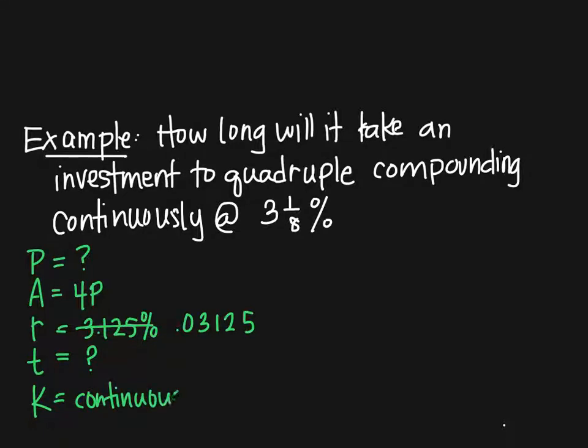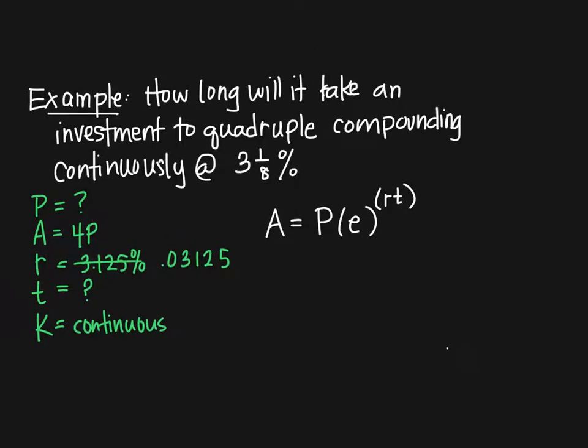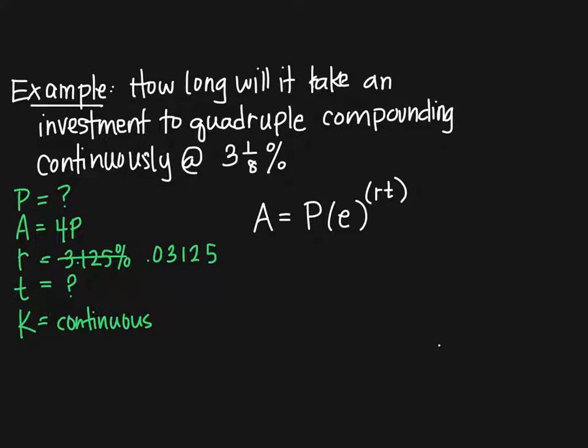Okay, so this is continuous, which means I switch formulas, and I'll be using PERT. So I'm using a different formula than I was using before because the compounding is continuous. So we've got 4P equals P e to the 0.03125t. And we look at where t is, and we're trying to get t alone.